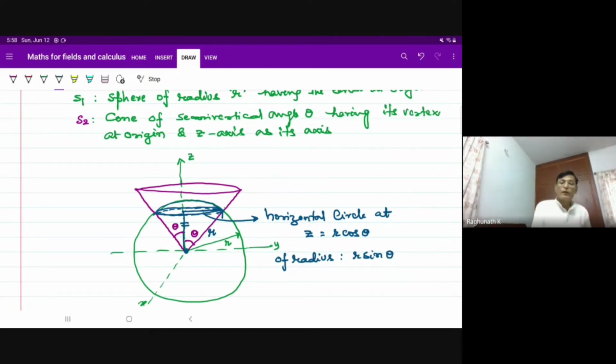When we say that theta is equal to 0, that circle will have radius 0 at z is equal to r. As theta is increased, the radius of the circle will increase and it starts coming down, correct?